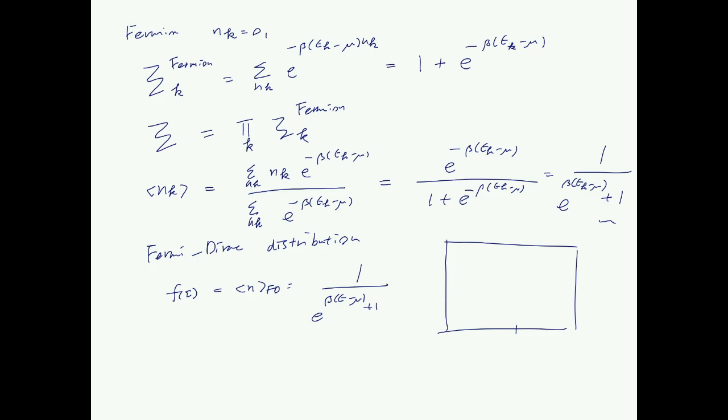There's a chemical potential μ here, and this is the ε-axis. When your energy is much larger than the chemical potential, this exponential becomes very big, and your occupation number becomes very small. Right when ε equals the chemical potential, you have an occupation number of 1/2. So typically you have this kind of shape.